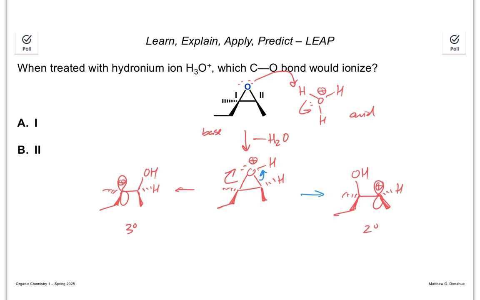So under acidic conditions, it's going to ionize to form the most stable carbocation. So it's going to go by choice A. So we use the carbocation stability trend, tertiary greater than secondary greater than primary.